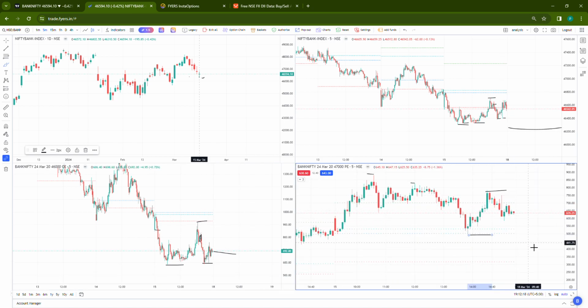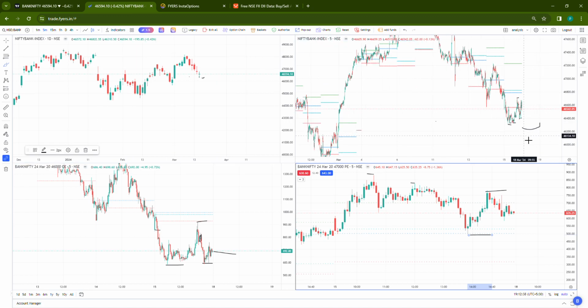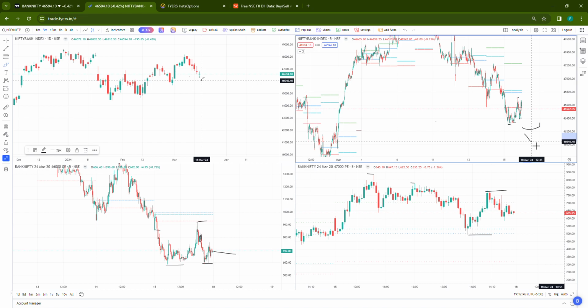This means maybe in positional we might see some range, or Bank Nifty can be in this range of 46,500 for 1 or 2 days, maybe with big volatility. The best trade would be to get a gap down of around 300 to 400 points, then make one weaker selling swing, and then a green candle.